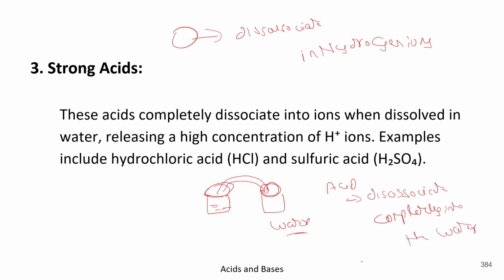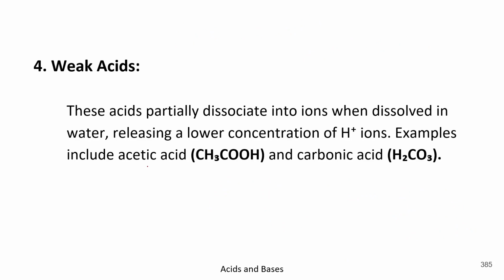If it is happening, then the acid is very strong. But if it is not happening, the acid is not so strong. The more dissociation of hydrogen ions the acid has, the stronger the acid. If it is less, the weaker the acid.